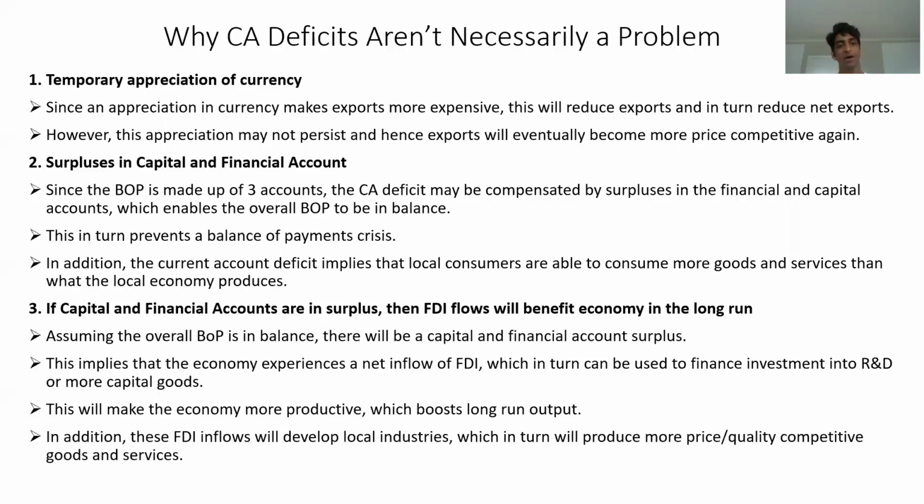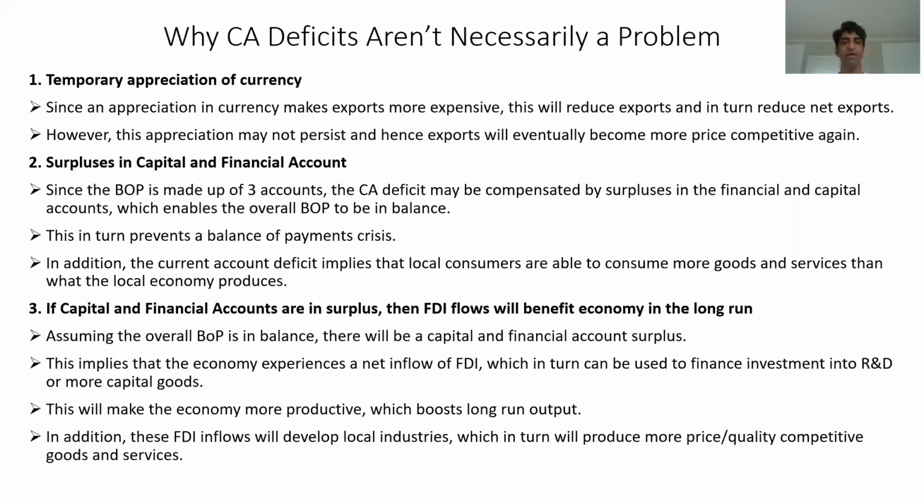Now, I think thirdly, if the capital and financial account are in surplus, then that means we have a net positive of FDI flows. And FDI flows are quite beneficial because, as I said earlier, an example of that would be foreigners investing in, building new factories in, let's say, the UK.